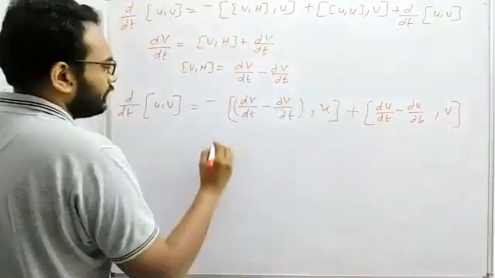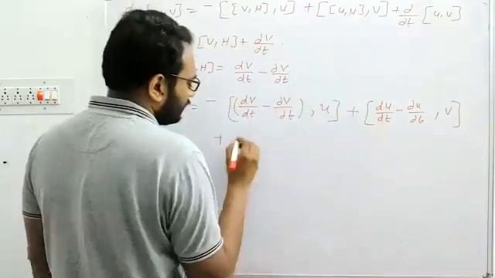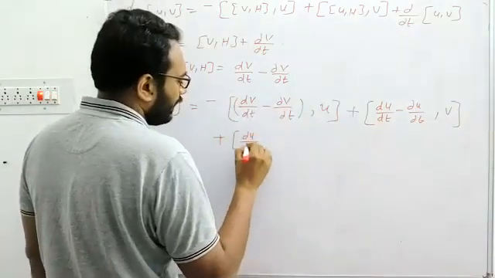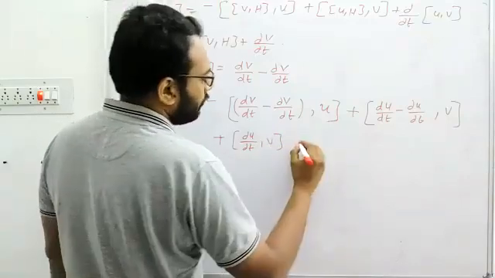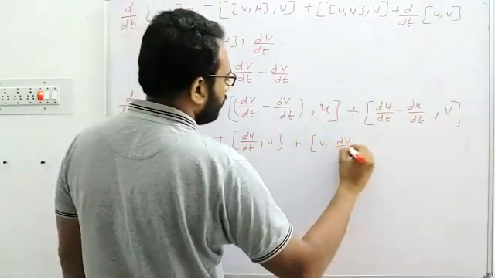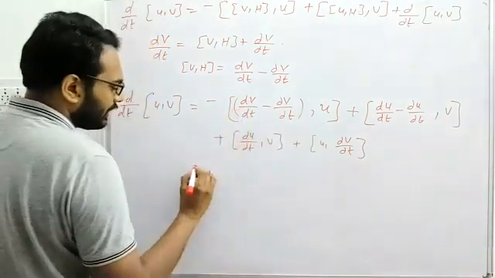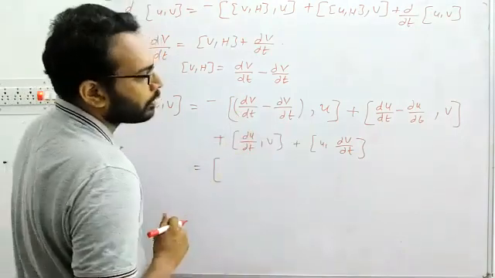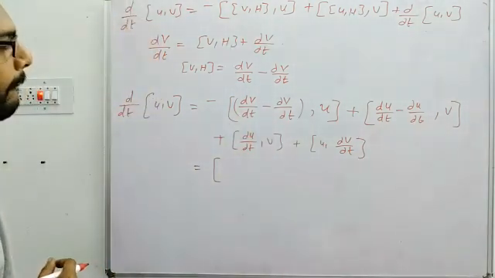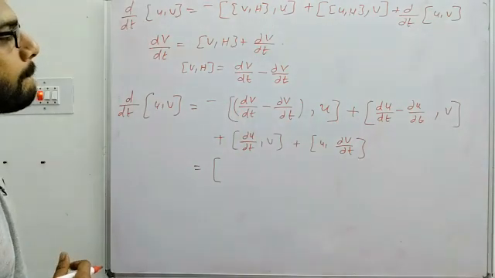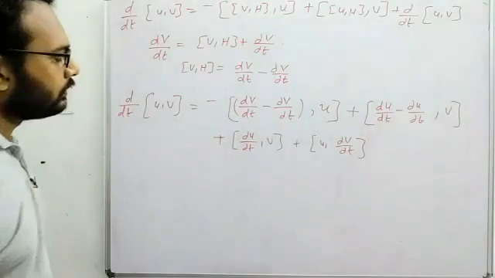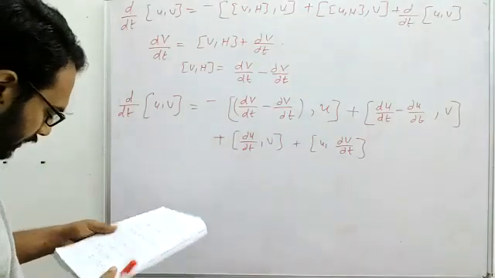Now let's write this term like this, plus we know this result: dou by dou t of {u, v} is equal to {dou u by dou t, v} plus {u, dou v by dou t}. Can we simplify now? How do we easily simplify this? Let me just check.